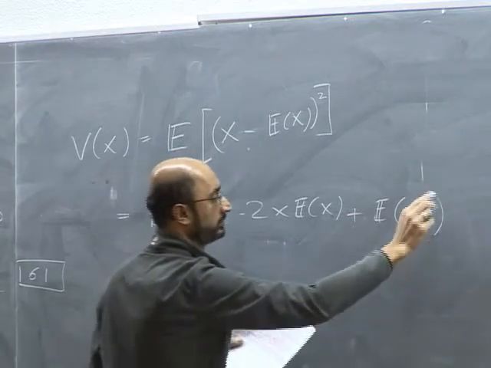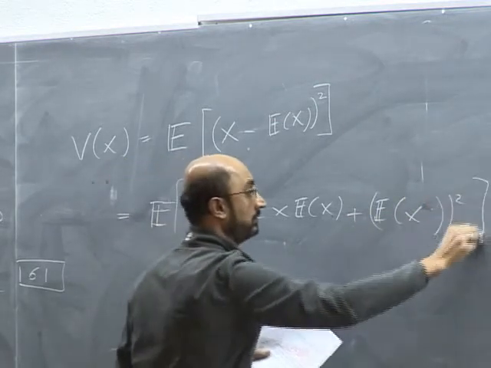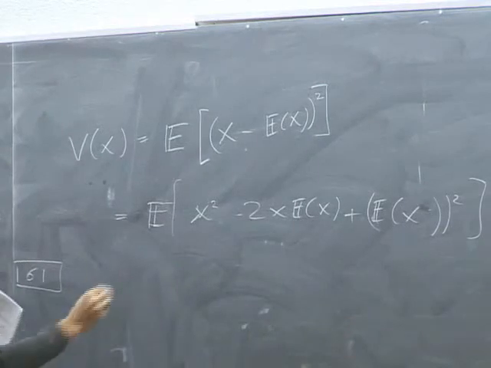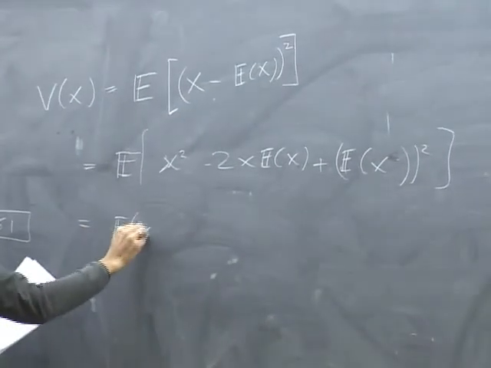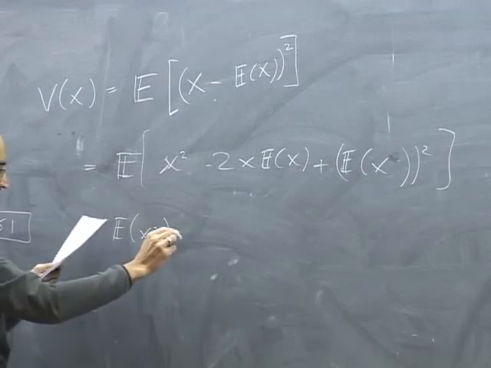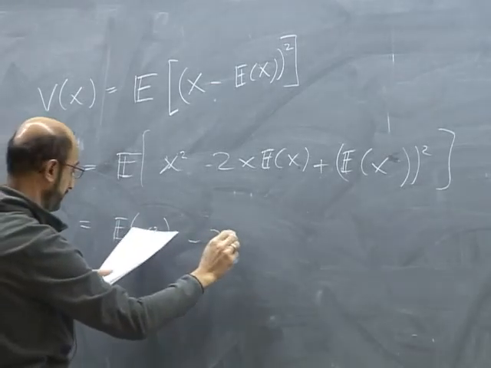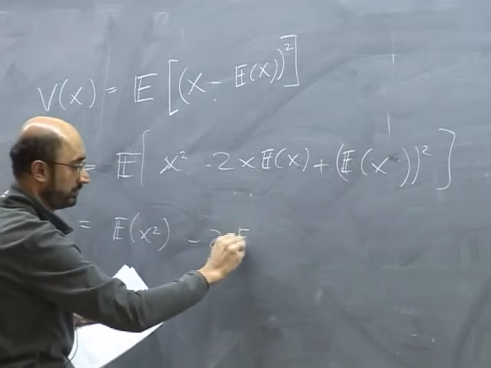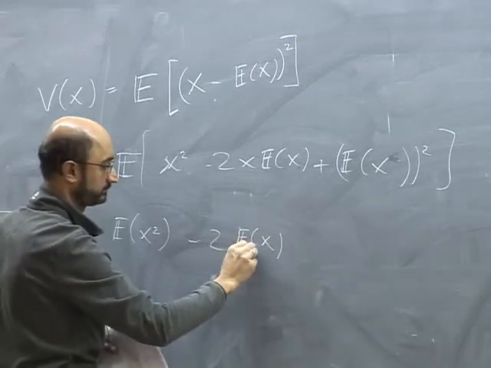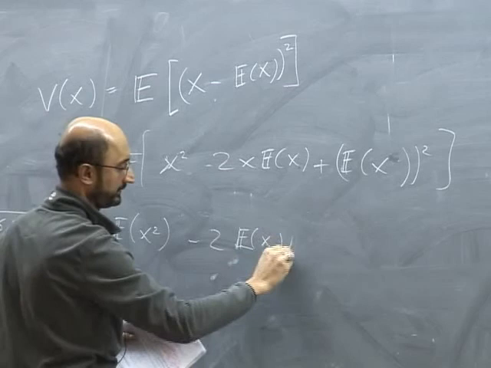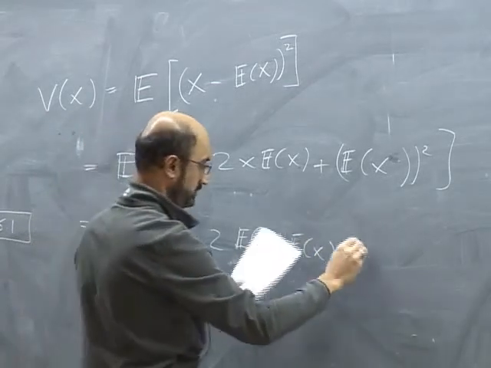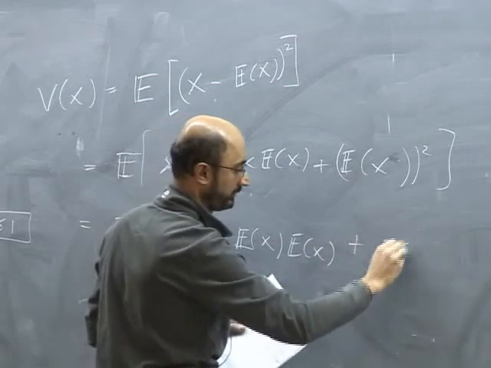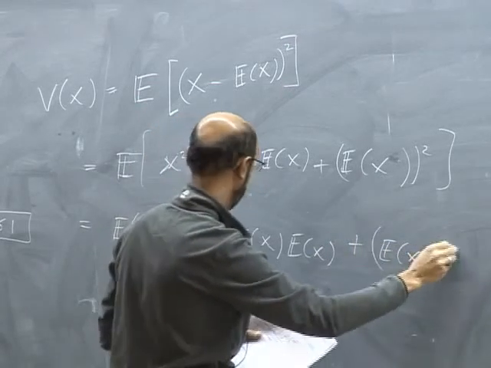We're just expanding that, and because it's a summation, we can break it up as the expected value of X squared, minus 2 expected value of X times expected value of X, plus the expected value of X squared.